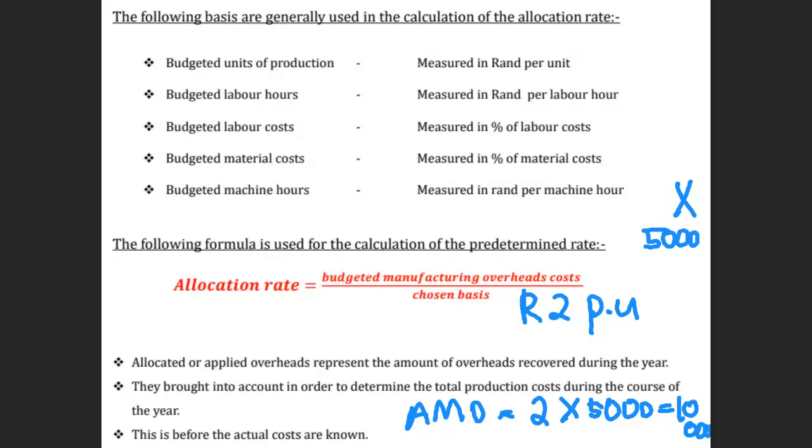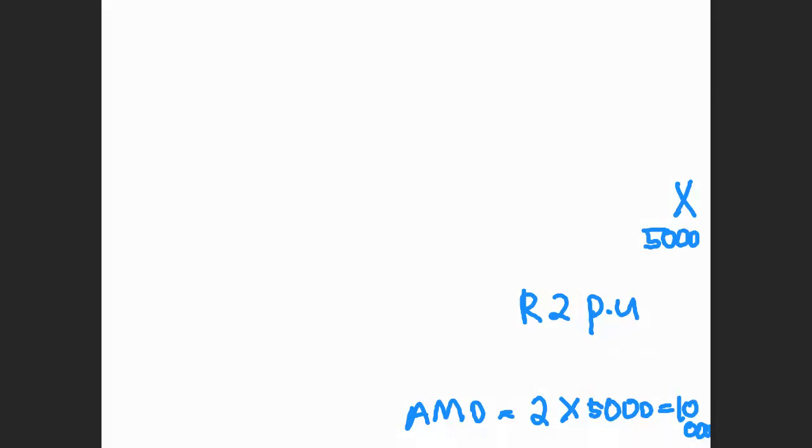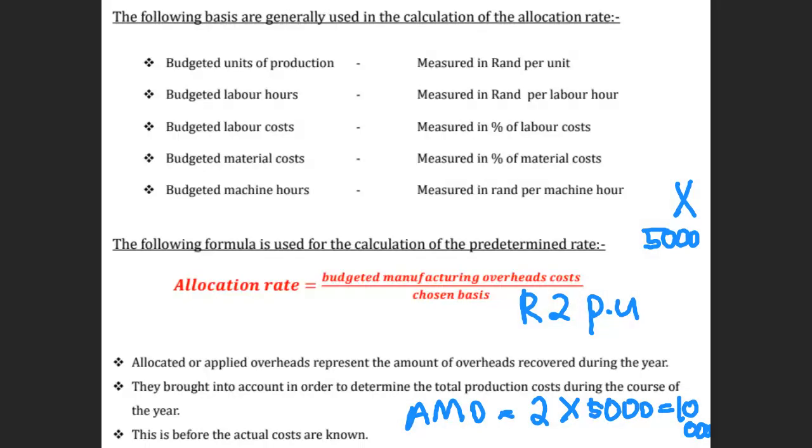Okay, so that's exactly what we're doing in question 5.12 now. So have a look at it in your textbook. It says you are supplied with the following budgeted and actual information of 3 companies, company X, Y, and Z. I'm just going to switch to the whiteboard here so that I can write down the answers for you, and you will follow the question in your textbook.